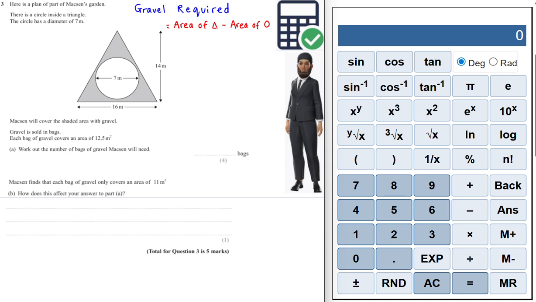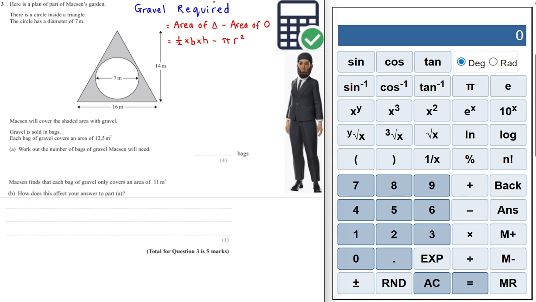So this is going to be no different from doing a half multiplied by the base multiplied by the perpendicular height minus pi multiplied by radius squared.